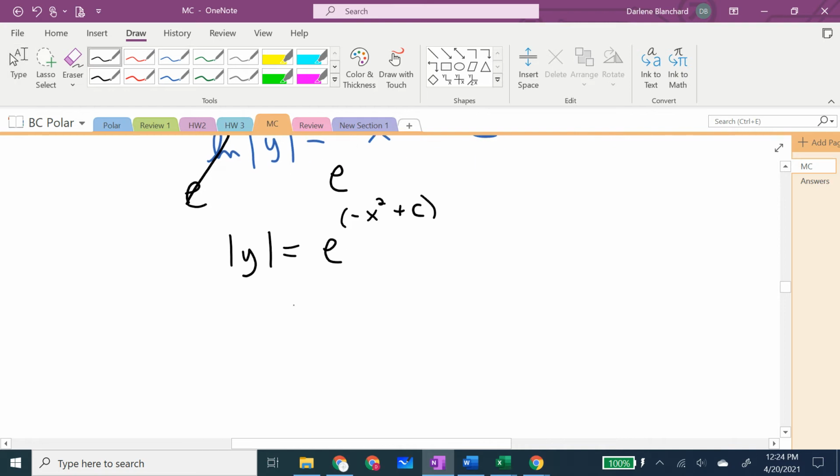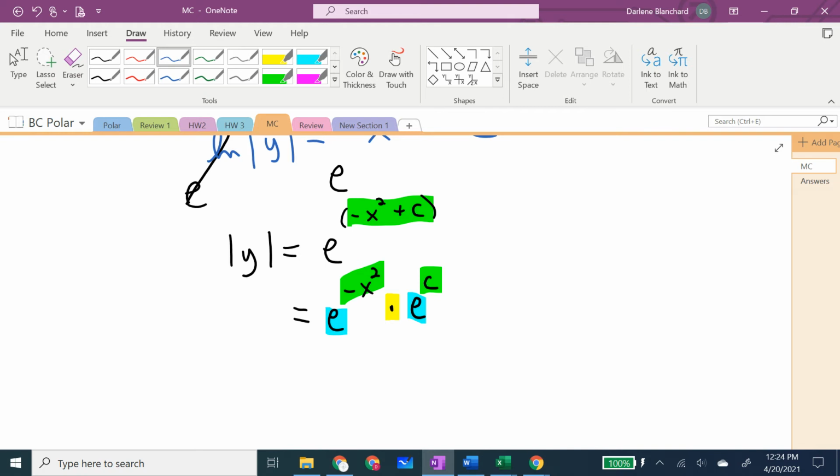Exponent rules, but you're used to them in the other direction. If you are multiplying two exponentials with the same base, you add the exponents. But you are doing that backward. The absolute value of y is either a positive or a negative y.